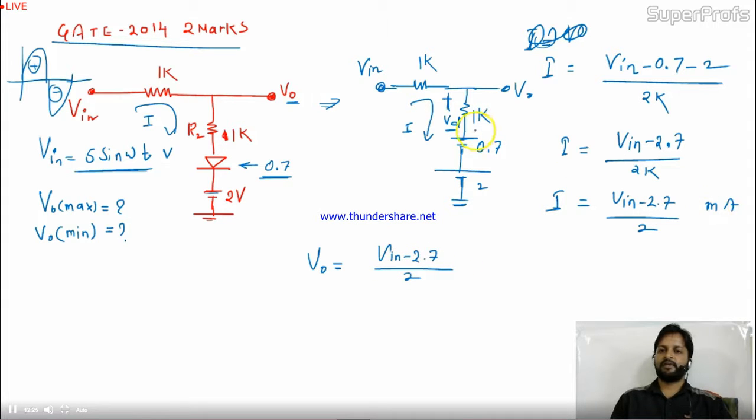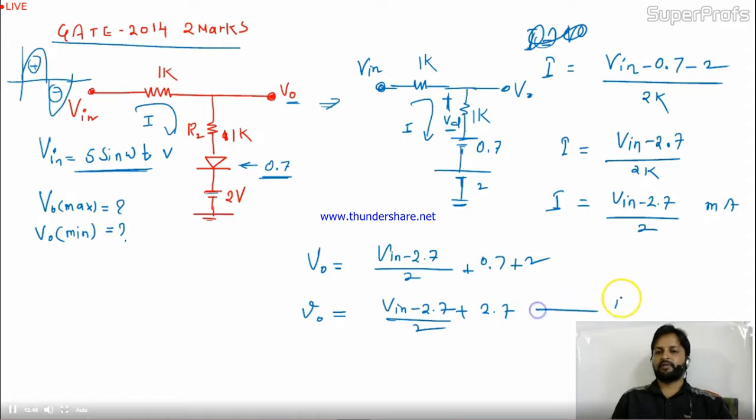Milli and K will cancel out, plus 0.7 plus 2. This is V0, right? And V in minus 2.7 plus 2.7 divided by 2. The condition is like this, right? So this is nothing but your V0, equation 1. Let's take it equation 1.